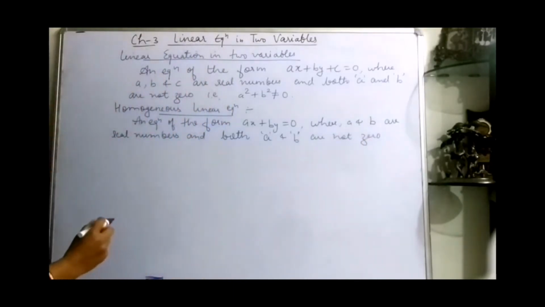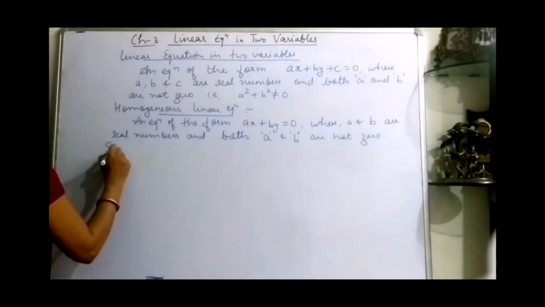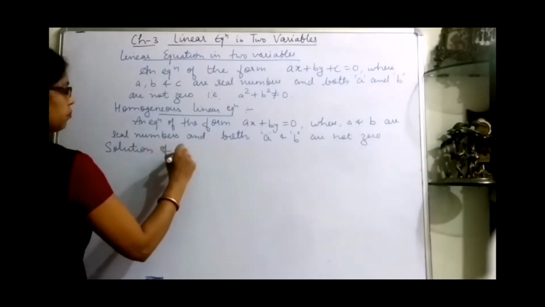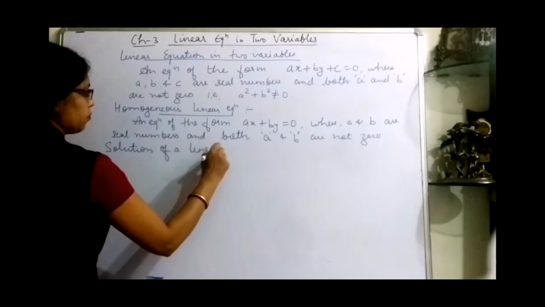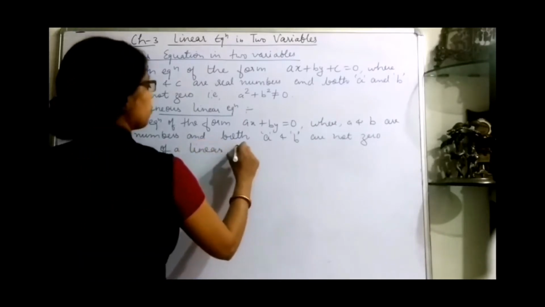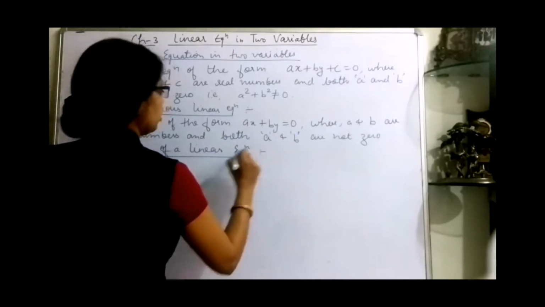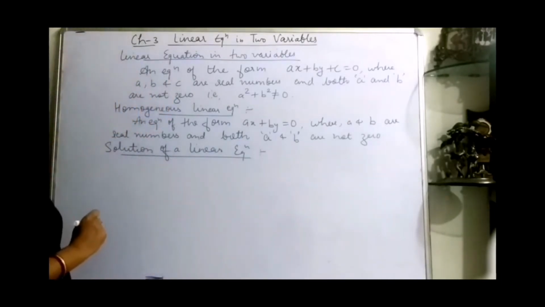Right? Now the solution of a linear equation. The solution of a linear equation is a pair of real values of x and y which makes the two sides of the equation equal.